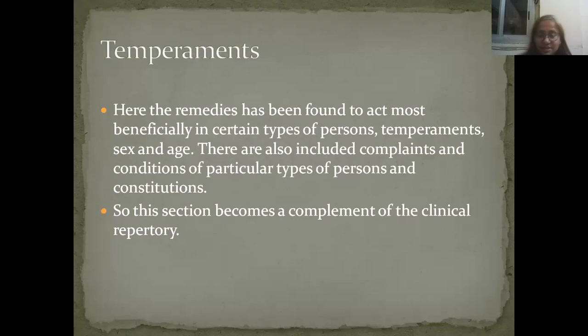Here the remedies have been found to act most beneficially in certain types of people, temperament, sex and age, and they also include complaints and conditions of particular types of persons and constitutions. So this section becomes very much complementary to the clinical repertory. You can use this section as a complement and not directly to prescribe. But yes, in a few cases that is also the case.